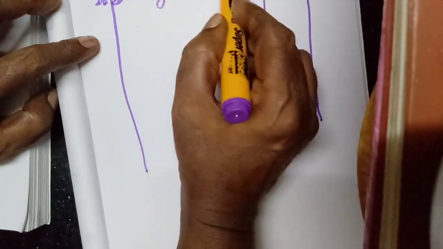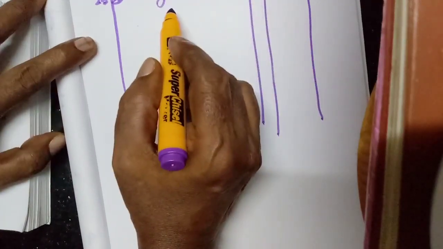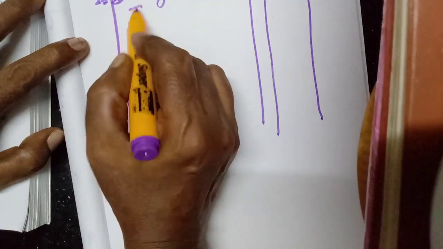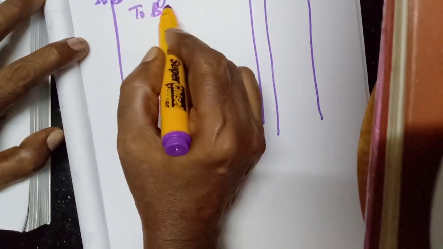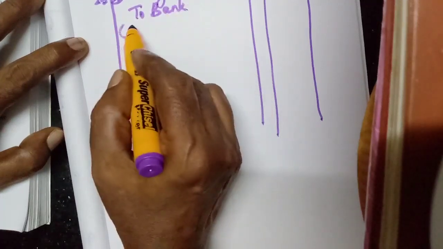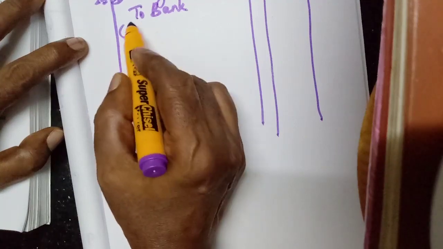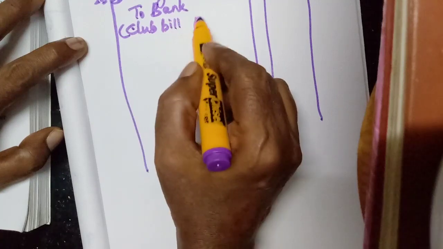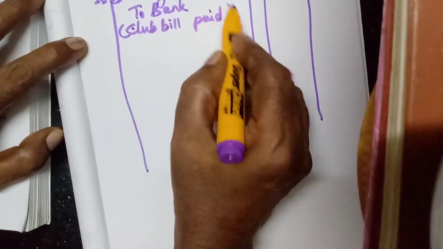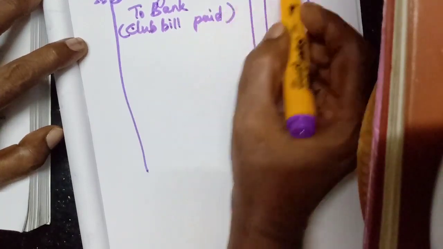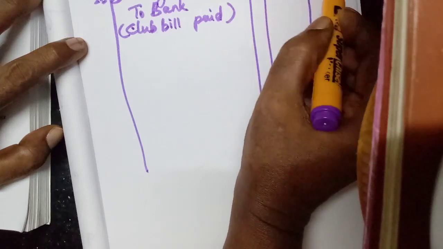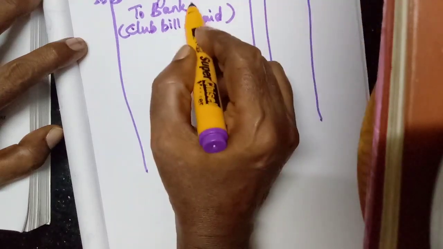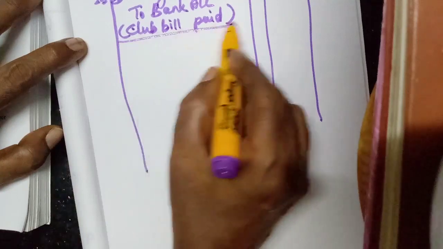Drawings account debtor. How are they paying? By check. So the payer is the bank. Club bill paid. Okay, 200. Bank account we should write. Okay, draw the line.